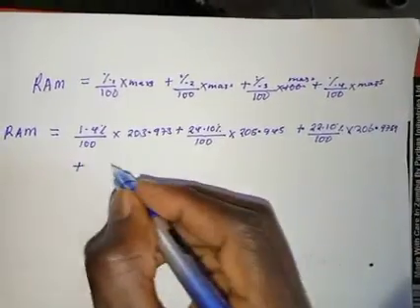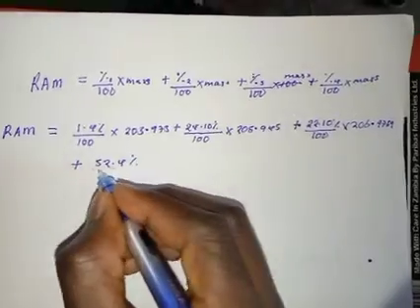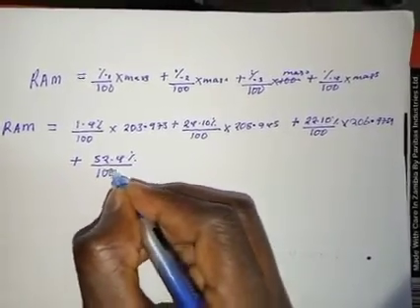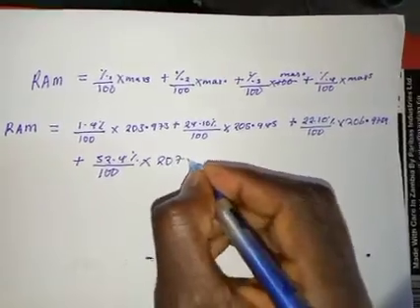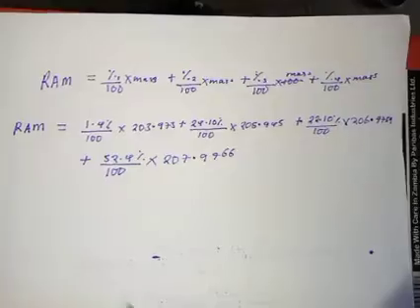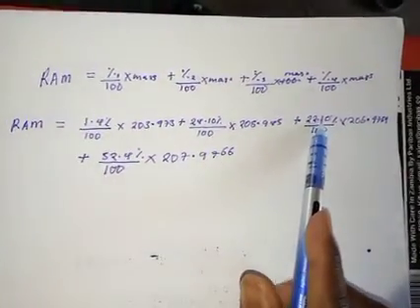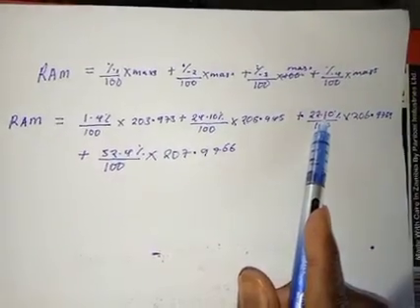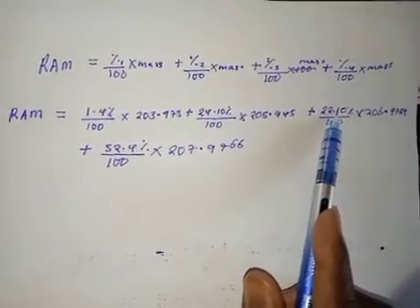You say plus the last one, which is having 52.4% over 100. You multiply this by 207.9766. Like I said, if you add these percentages, you have to get 100%. Failure to do that, automatically you're doing something which is not correct.